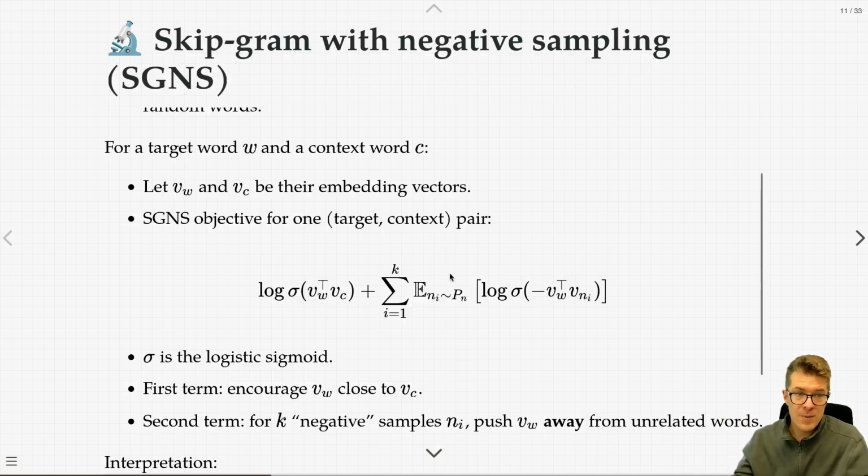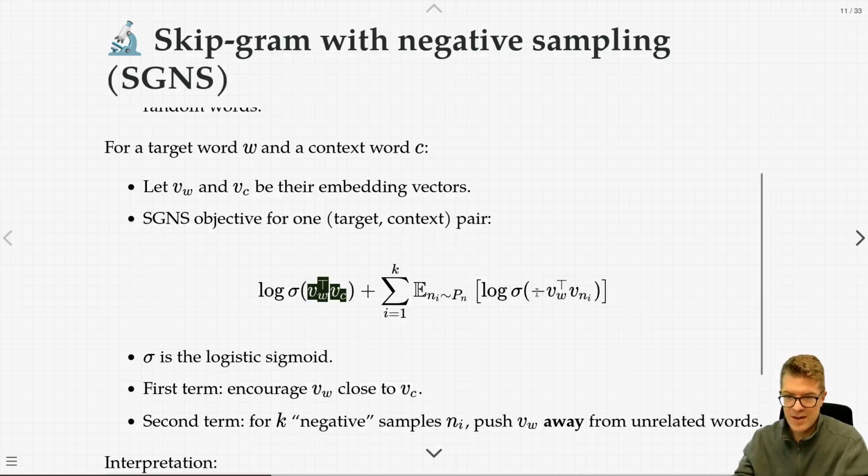Then you can form the skipgram with negative sampling objective, which will look like this. It's the log of the sigmoid of the dot product, so the similarity between these two embeddings, plus the sum over k negative samples, so words that are not the target word, of the log sigmoid of the negative similarity between them.